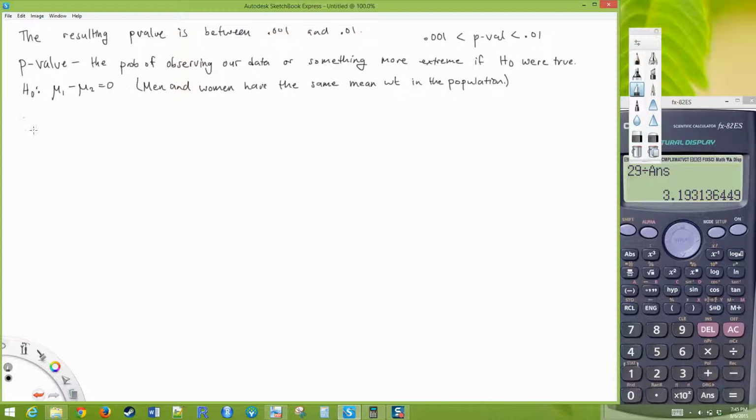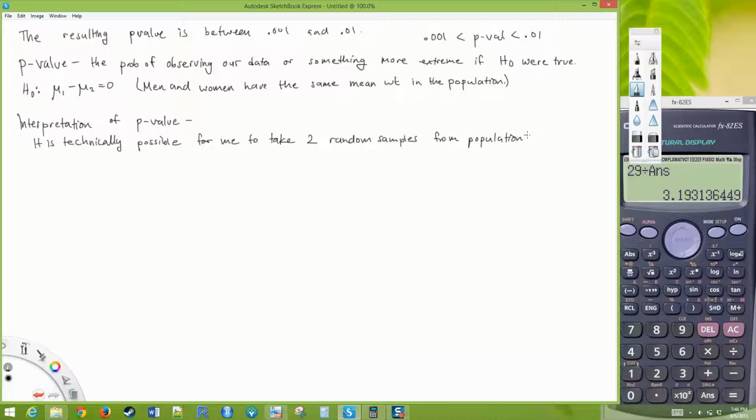So interpretation of the p-value here: it is technically possible for me to take 2 random samples from populations with the same mean and observe a difference of 29 pounds or more.